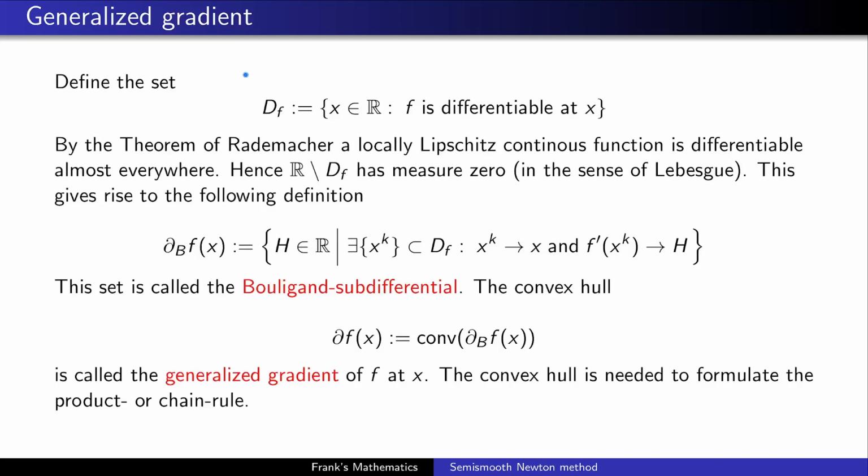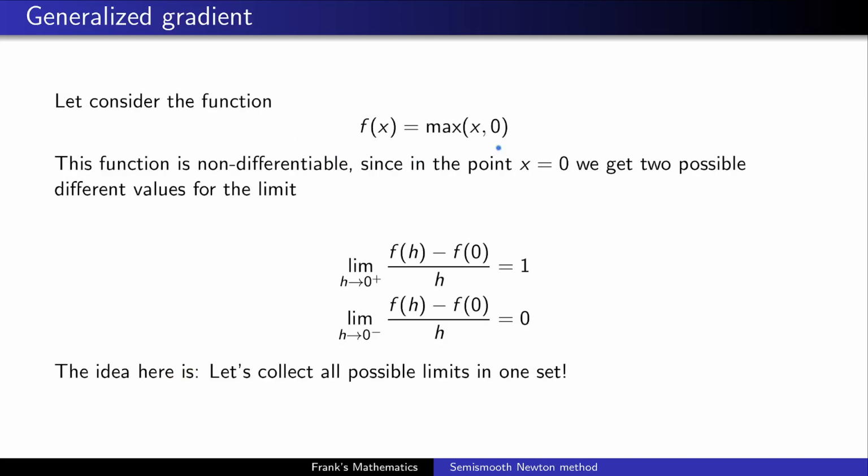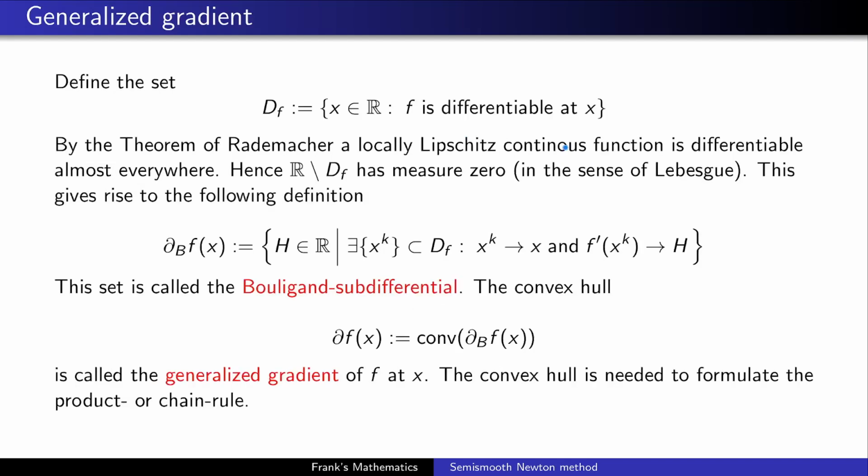And to do so, we do this a little bit more general. We define the set D index f, which contains all the points where f is differentiable. So going back to this maximum function, this would be the whole R without 0, because in 0 it is not differentiable.